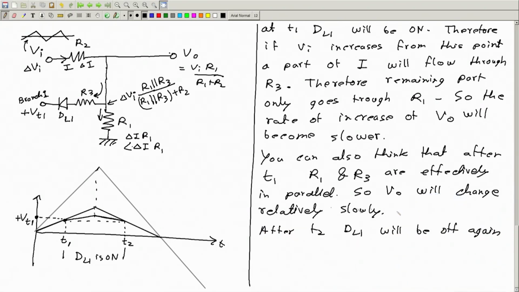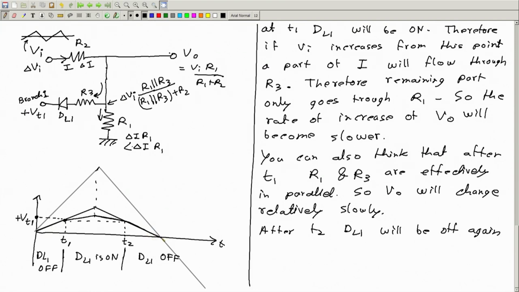So you can ignore this branch, and so here DL1 off, here also DL1 off. Now R3 is not there in parallel with R1, R1 is there alone effectively. So this will now decrease faster, just like this, symmetrically.